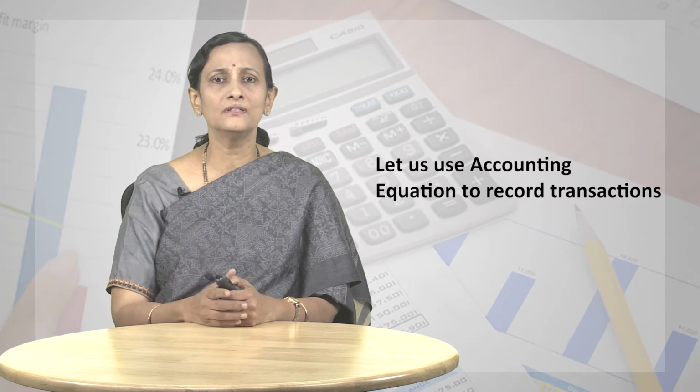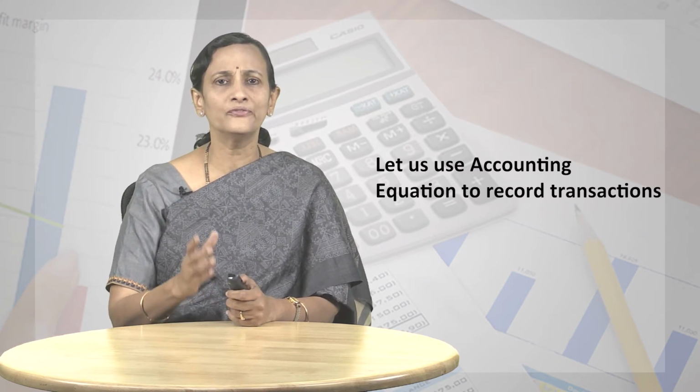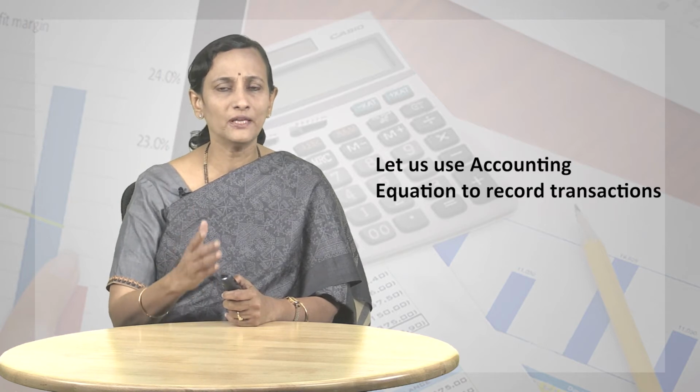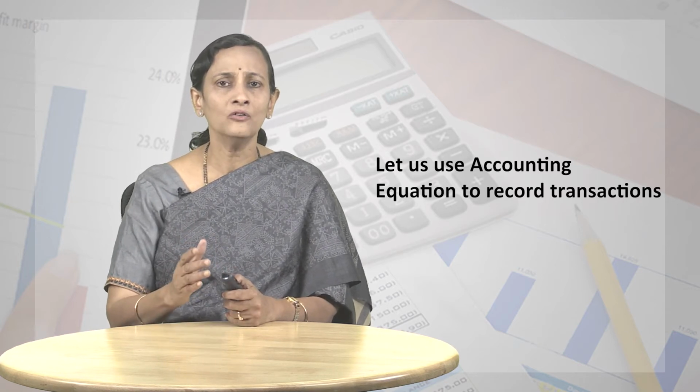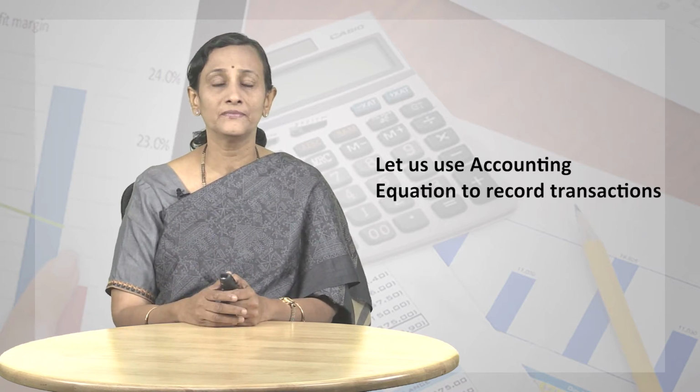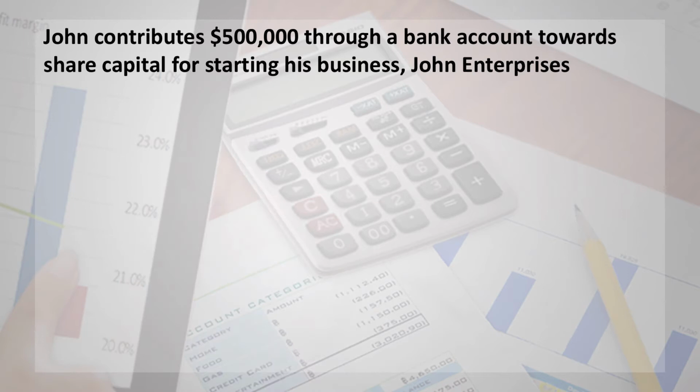Let us now use the accounting equation to record a few transactions. This will make it simple and we will be able to understand better how a transaction is recorded using a simple equation. Let's start. John contributes 500,000 through a bank account towards share capital for starting his business, John Enterprise.